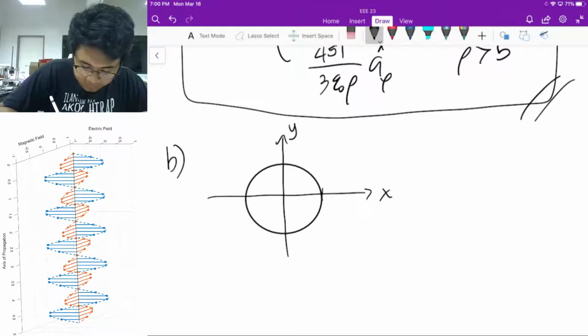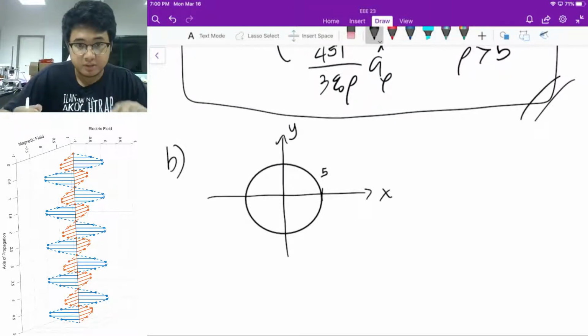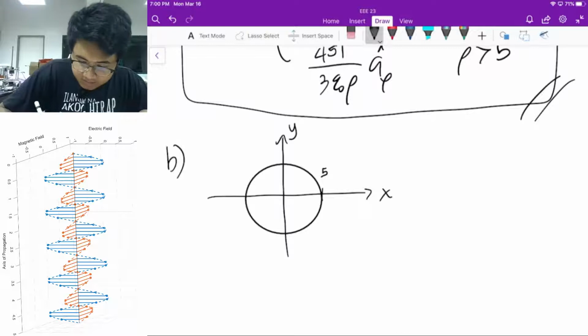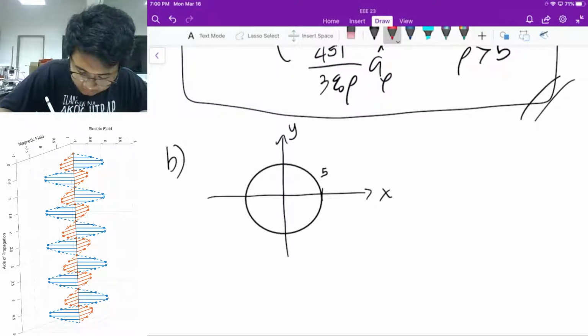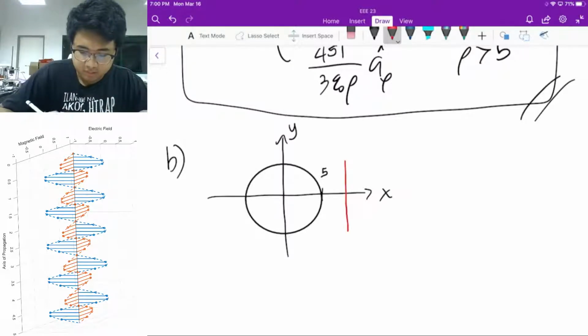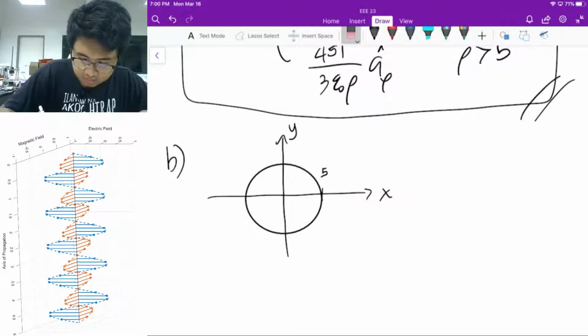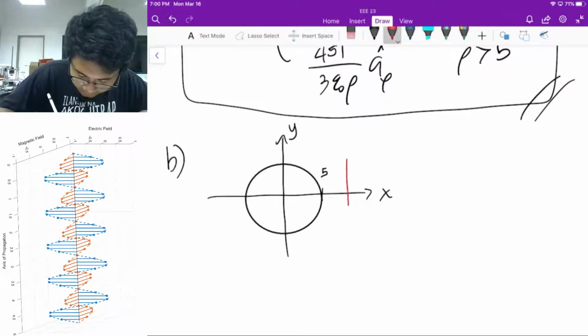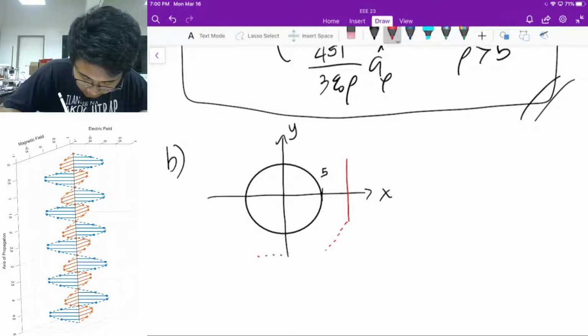So let this be equal to 5. The surface that is given is at x equal to 6 and is bounded from here to here. It's too long. Let me just fix that. There you go. And it is actually part of a hexagon if you extend it.